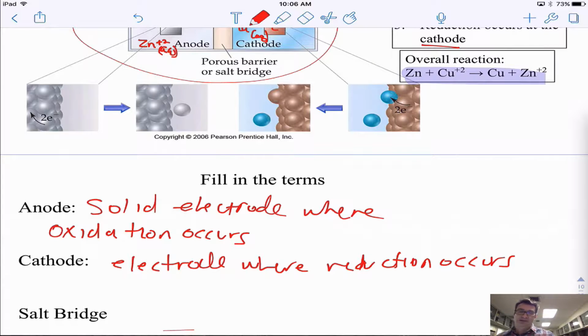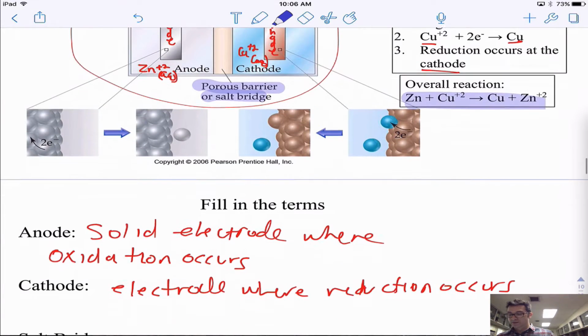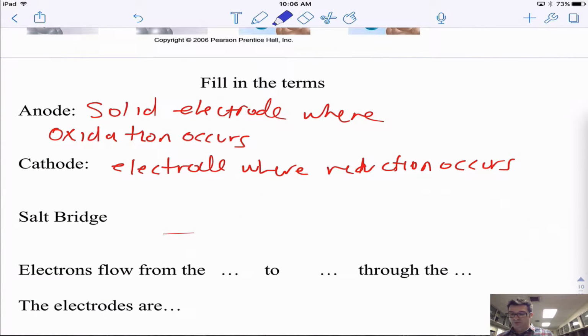Now, not shown in the diagram above is a salt bridge because they're actually using a porous barrier here. But whether it's a porous barrier or a salt bridge, the purpose of this is to allow the flow of ions.